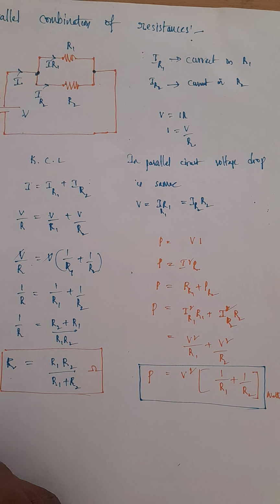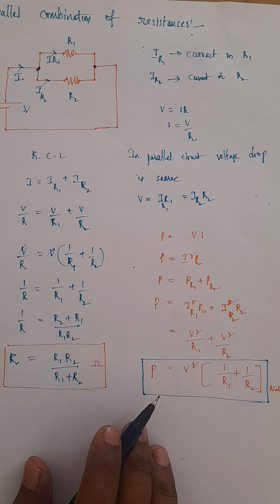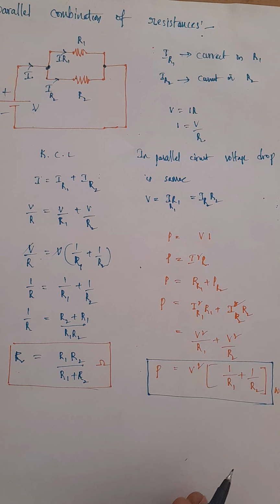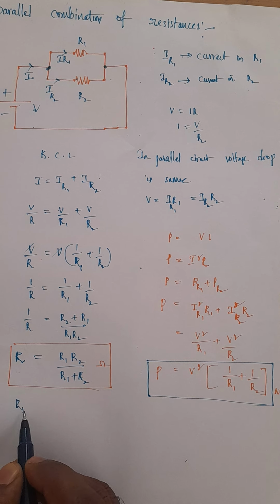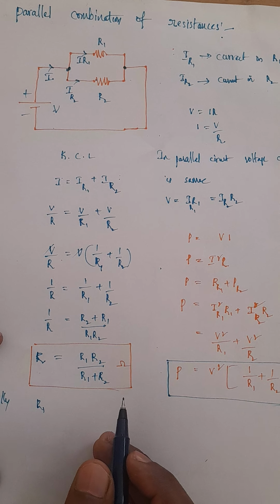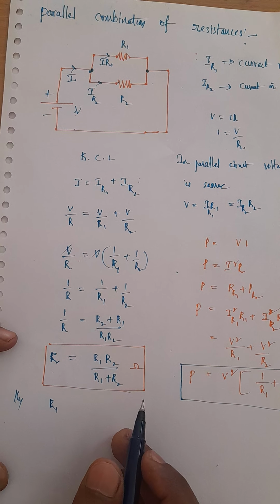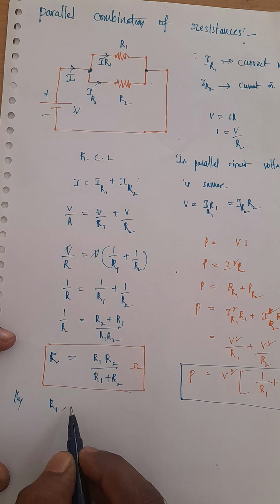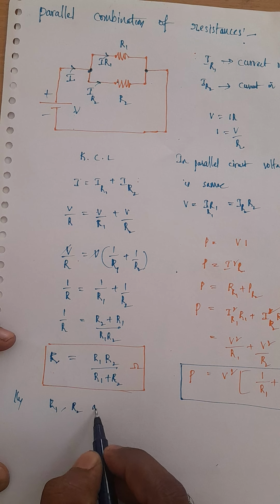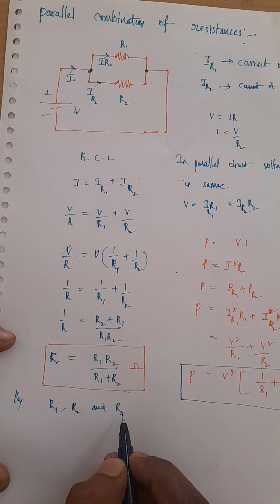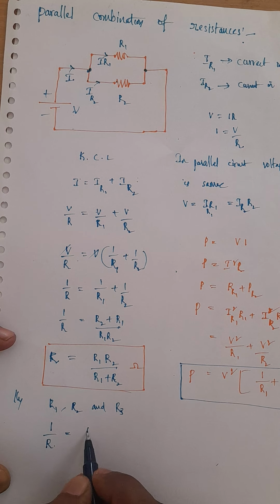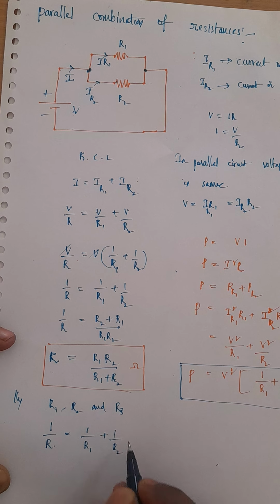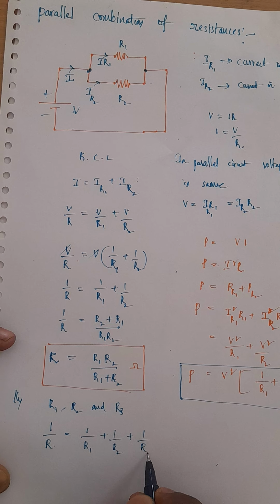Similarly, if you are taking three resistances R1, R2 and R3, the equivalent resistance R is given by 1 by R is equal to 1 by R1 plus 1 by R2 plus 1 by R3.